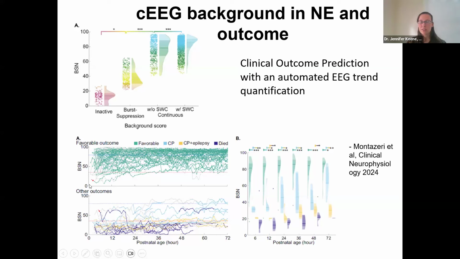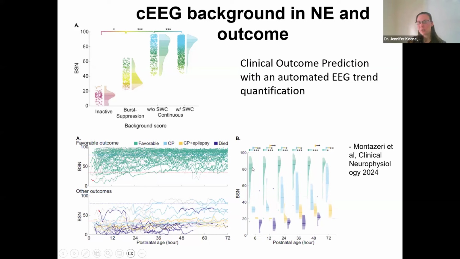We can see there's distinctly different trends in grades, where there are a few children with favorable outcomes who initially had a very poor background, but they improved over time, which I think probably fits with what we all see when we're looking at neonatal EEGs. The kiddos who do well versus kiddos who died or had a poor background tended to have much less improvement.